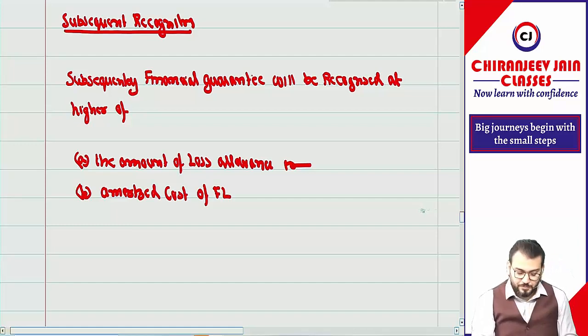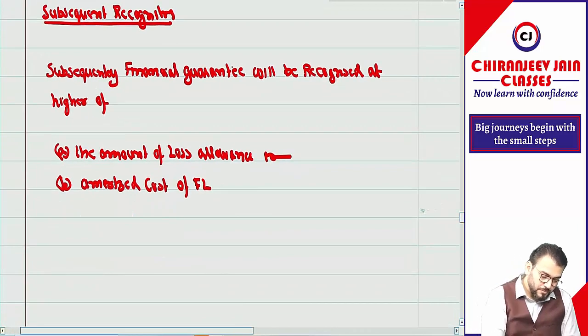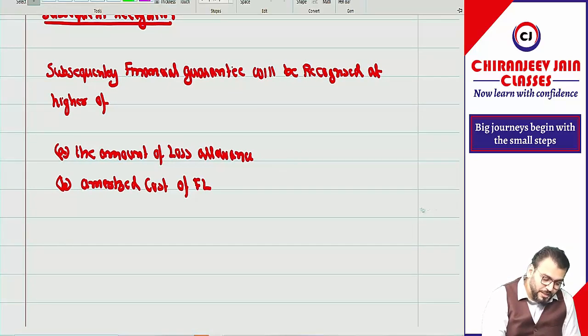Correct? Understood? Now first let us calculate one amortized cost table.